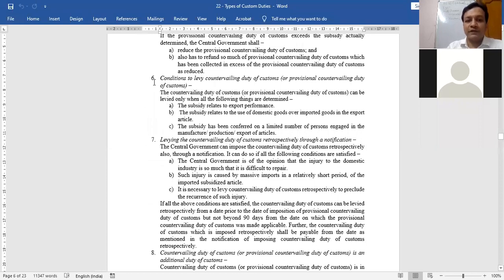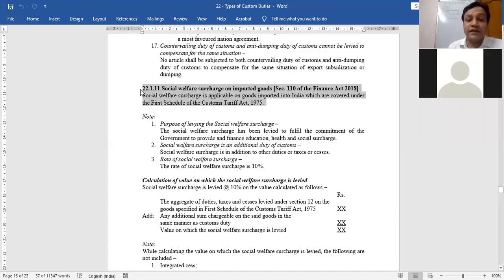This is social welfare surcharge. And what the Finance Act said about this, that this is 10% flat, but on which value? So this calculation says that social welfare surcharge is on which value?